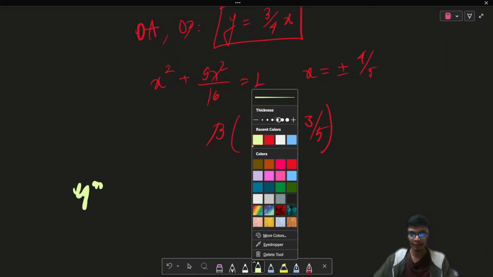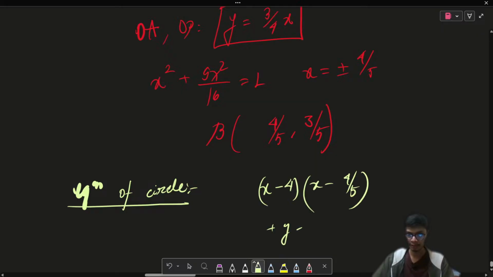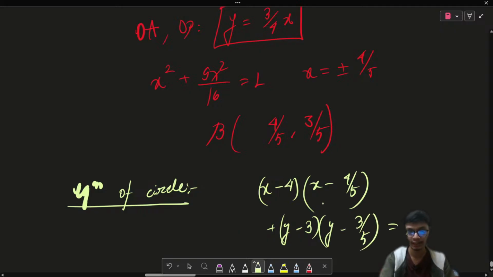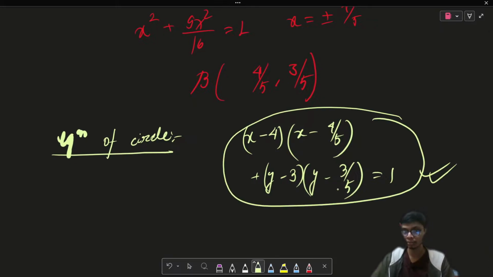That is going to be (x minus 4) into (x minus 4 upon 5) plus (y minus 3) into (y minus 3 upon 5) equals 0. If I solve this, I'm going to definitely get the required equation of the circle.